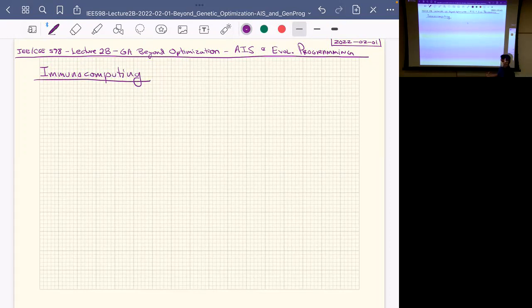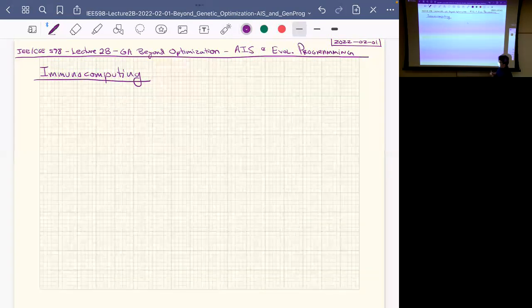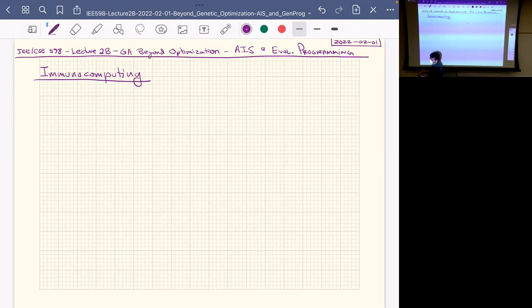So the immune system, as we'll talk briefly about in this unit, does a lot of information processing. It has memory, there's storage of that memory, it has to manage that storage of the memory, and has to be able to recognize self and non-self. It's very flexible, it's plastic, it changes over time. There's a lot of really cool things you can learn or get inspired by looking at the immune system, and that falls under this idea of immunocomputing.